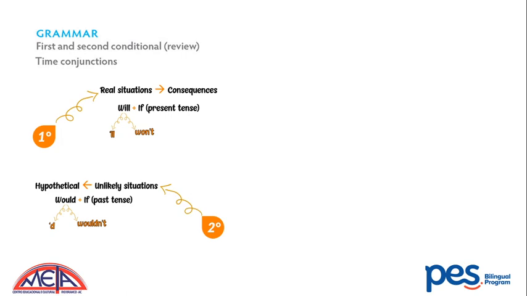E ele vai ter would mais if, só que dessa vez no passado. Eu abrevio o will com apóstrofo LL e o won't para negativa, e o would é apóstrofo D ou wouldn't na negativa. Nós também vimos vocabulário relacionado a being honest, ser honesto.